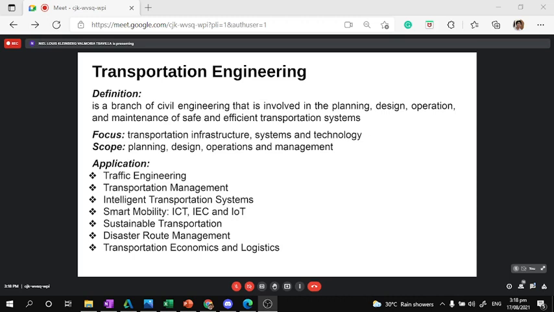Ang soft engineering is kaning transportation management, sustainable transportation, disaster route. Hardcore gyapon is ang intelligent transportation system as well as smart mobility kay it includes information communication technology, information in education campaign, and Internet of Things. IoT is Internet of Things.